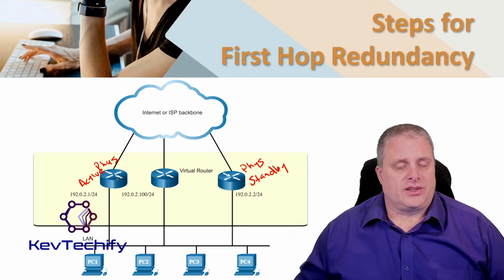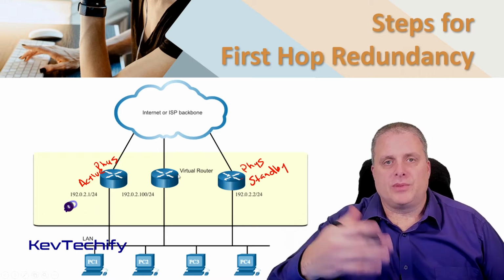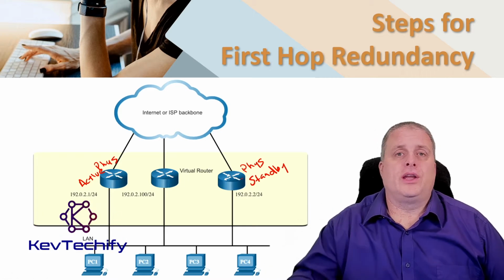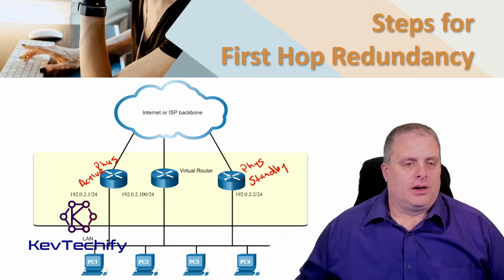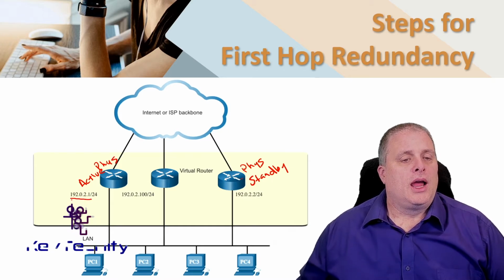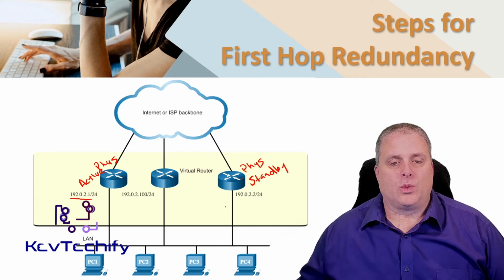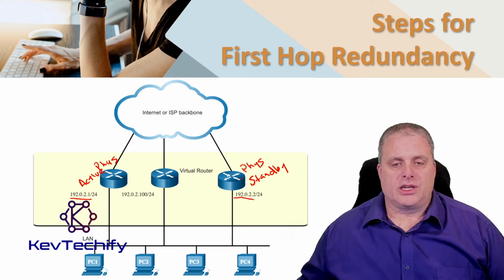These two devices then share an IP address. As you set up this redundancy protocol, you go in there and say, okay, use this IP address. In this example here, the left router has 192.0.2.1 as its address. The right router has 192.0.2.2. Just two consecutive IP addresses.